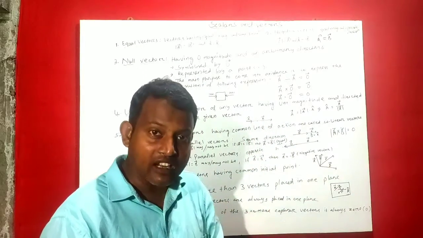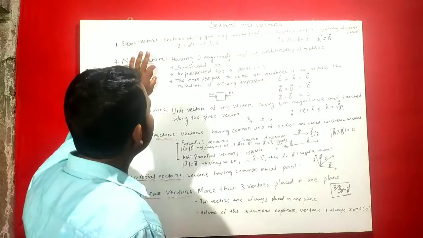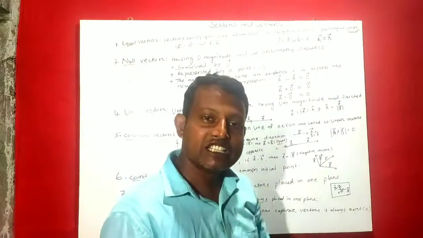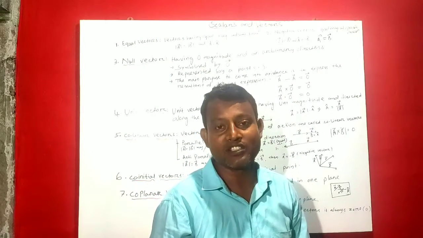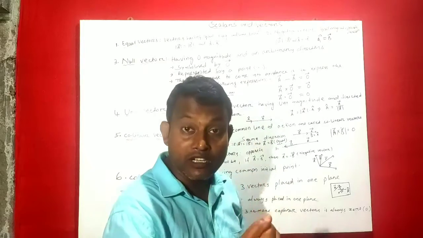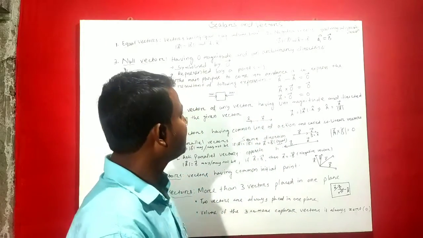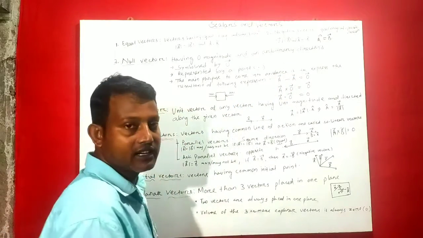Then in vector operations there is also a null vector, having 0 magnitude and an arbitrary direction. That means a random direction; the direction is not defined. It is called a null vector.